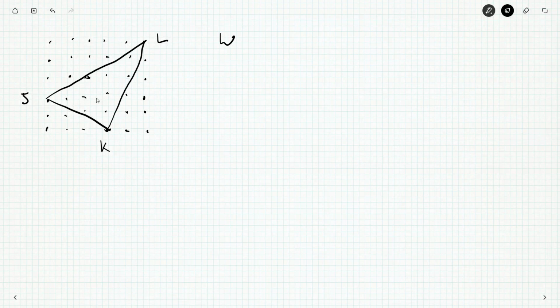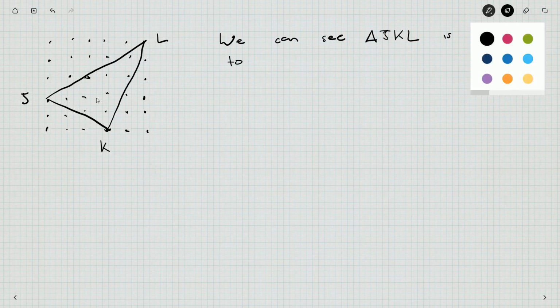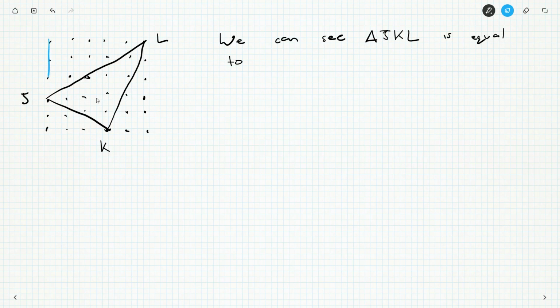So something we could say is we can see that JKL is equal to, and then we could say something like the big blue rectangle. Or if you wanted to, you could give it names like A, B, C. So we could say it is equal to the area of A, B, C, L, and then minus some smaller triangles.